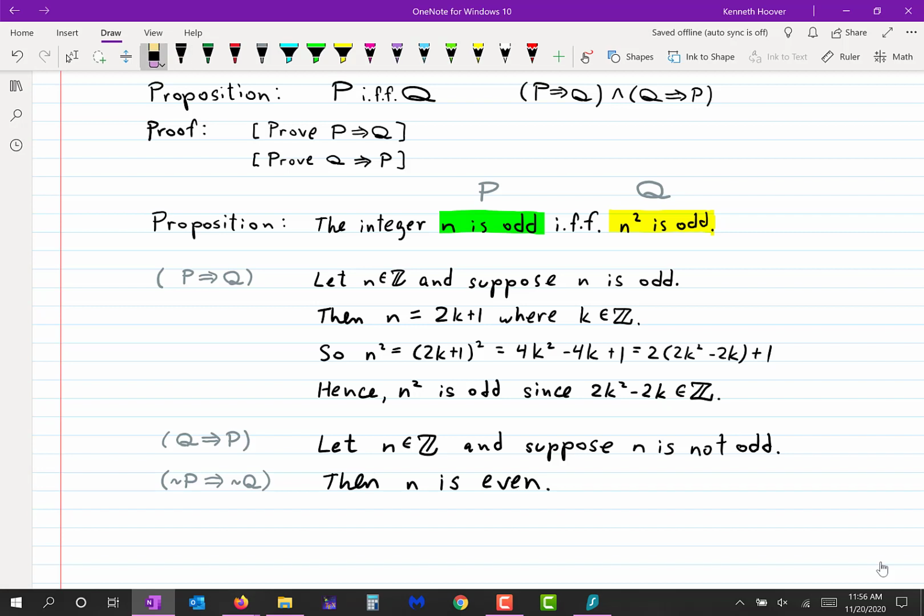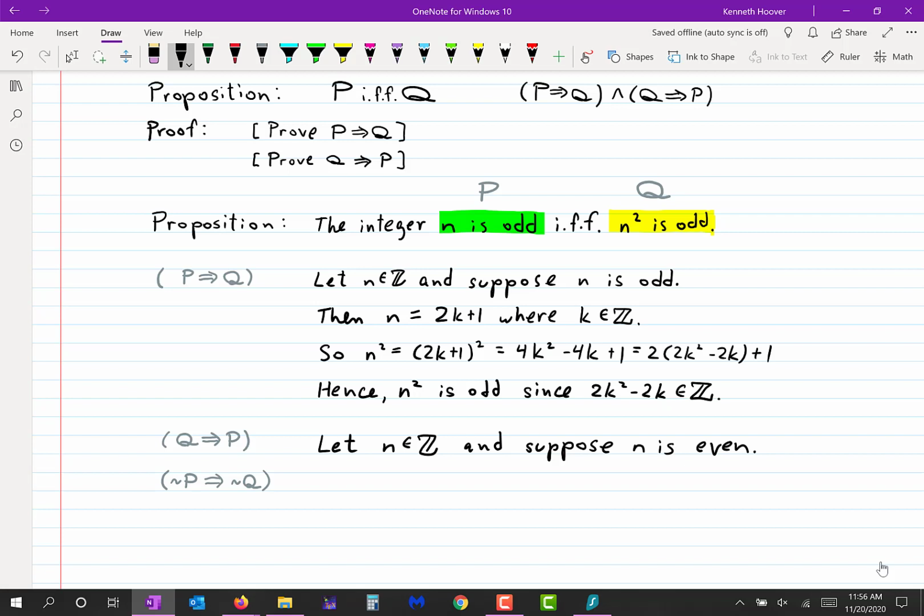I think that we all are totally clear on the fact that an integer that is not odd is even. So I'm totally fine with people saying, suppose n is even. That's the same thing as saying n is not odd. I don't think that they have to be stated separately.